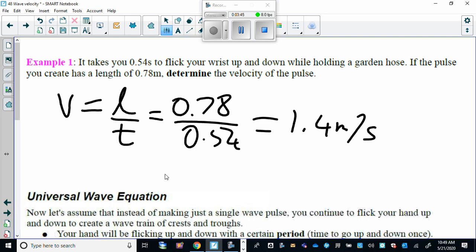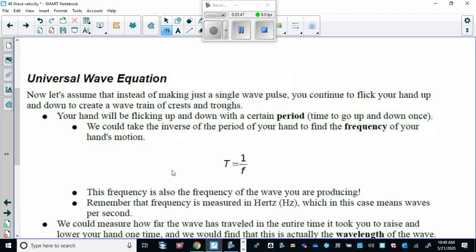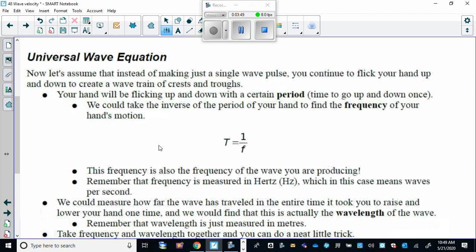More often than not, though, you're going to get this form of velocity for waves, and that is the universal wave equation. First, we have to remember that little t is time, but big T is a special sort of time. It's period, how long it takes to create a wave, or how long it takes to do a cycle of something.